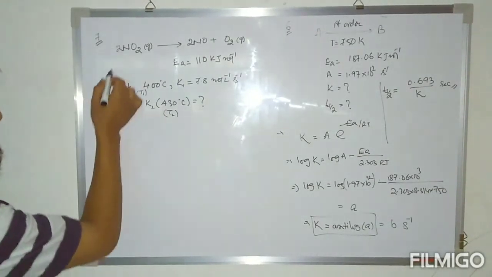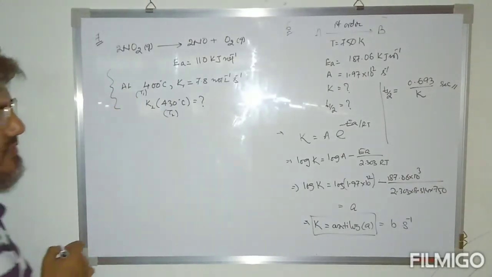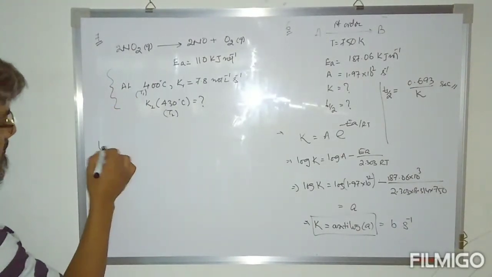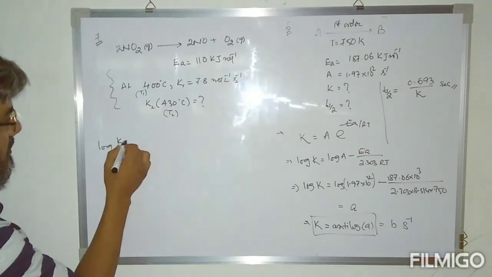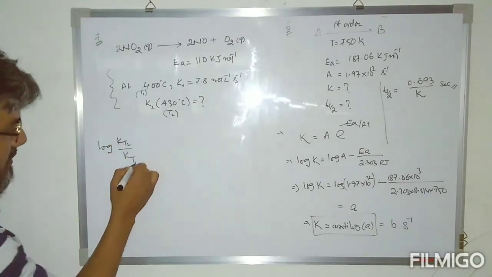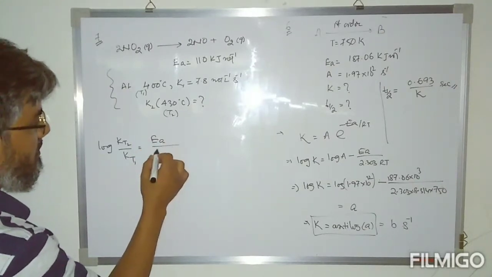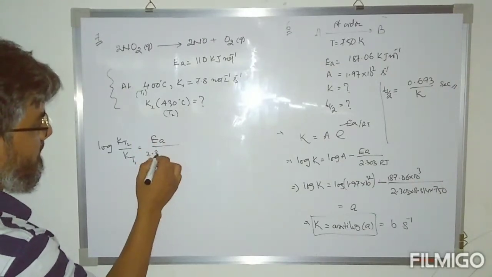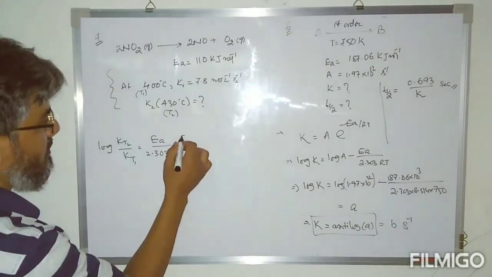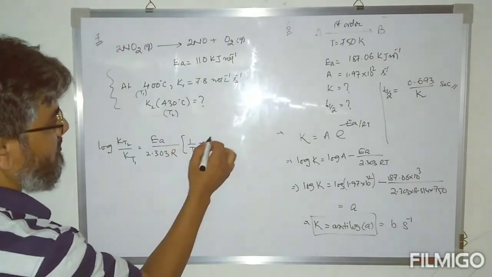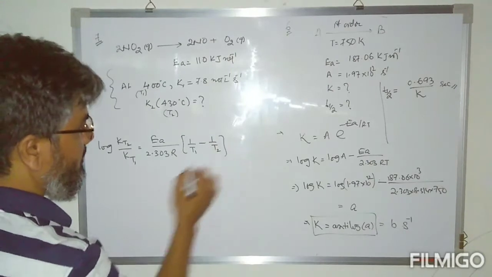So taking the help of the Arrhenius equation in logarithmic form, we have log K_T2 by K_T1 is equal to Ea by 2.303 R into (1 by T1 minus 1 by T2).